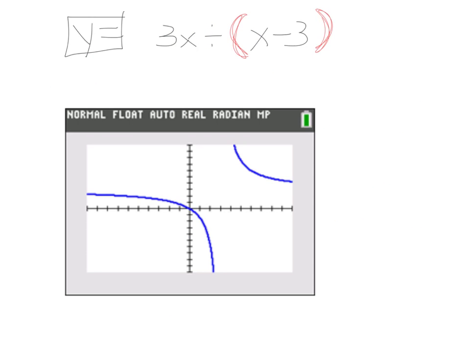Into the y equals, if you want to put parentheses around the top, you can do that as well, but for sure around the bottom. And just zoom standard window for that. So there's how the curves look. You can see it passing through 0, 0. You can kind of tell where our vertical and horizontal asymptotes are.